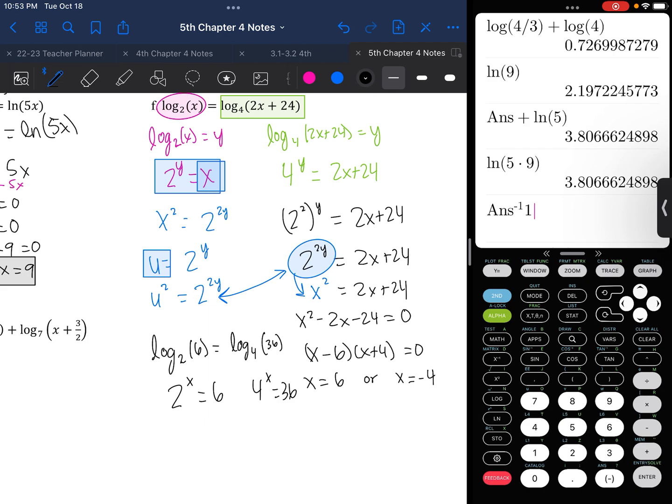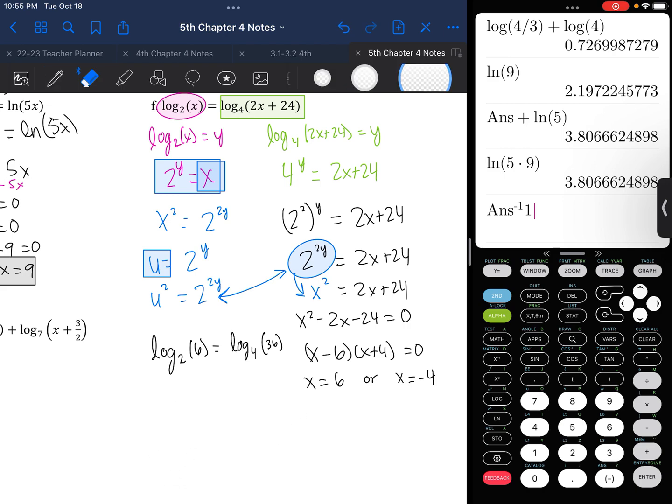Well, can't you see right now that this is 2 to the 2x equals 6 squared? So aren't these both going to be true? So let's go ahead and check in our calculator.